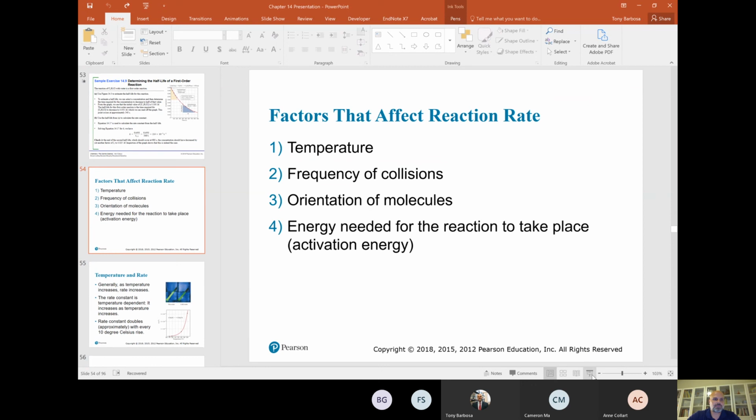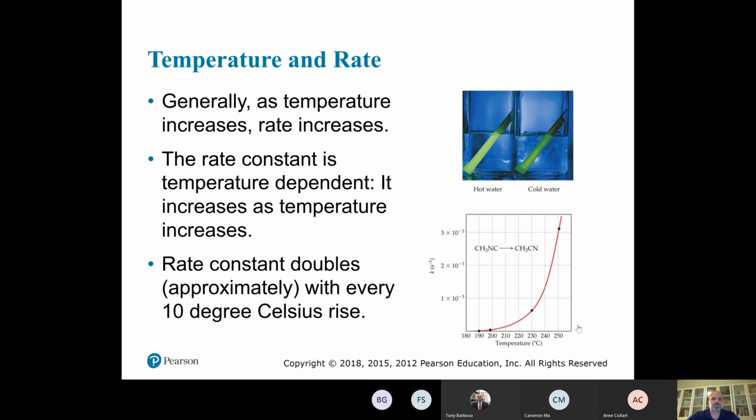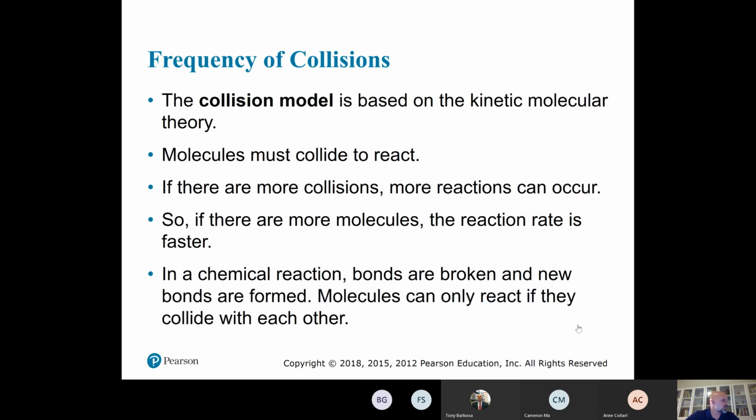My computer's going slow today. But when you think of an increase of temperature, your reaction rate goes up. You should definitely know a little bit about that, and about which direction it's going to make it go. It depends on the exothermic versus endothermic reaction.